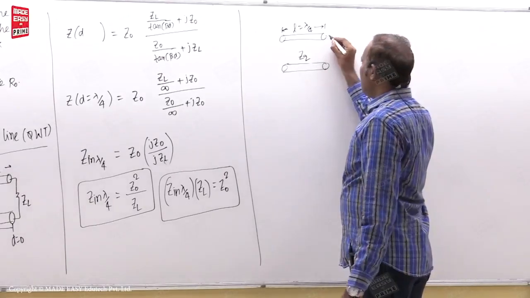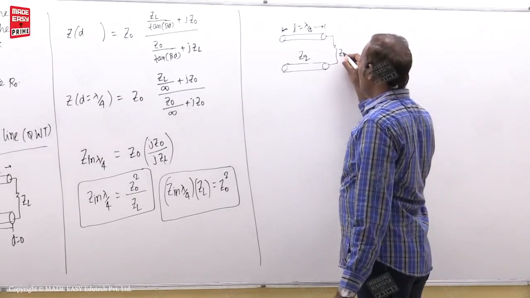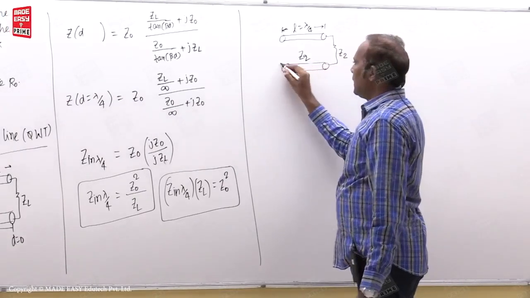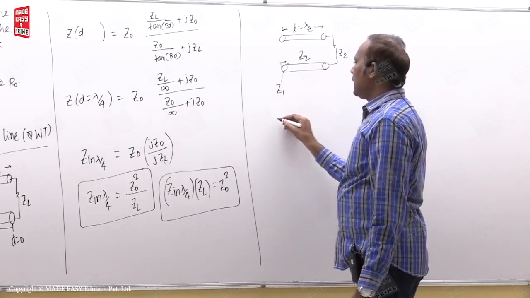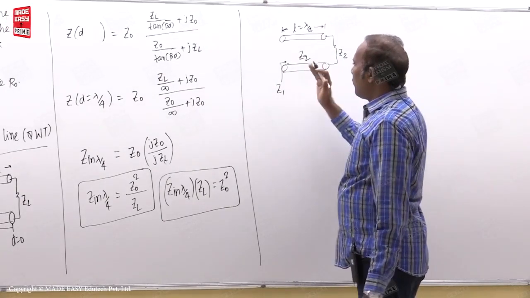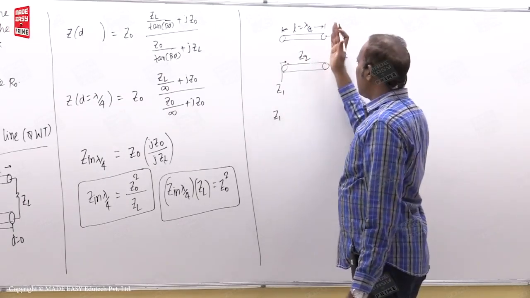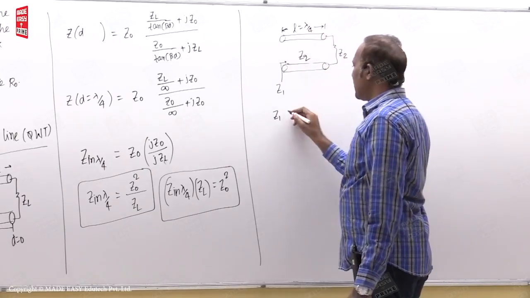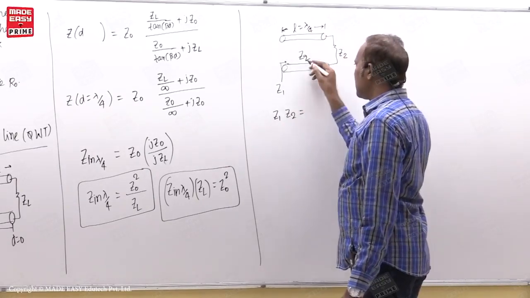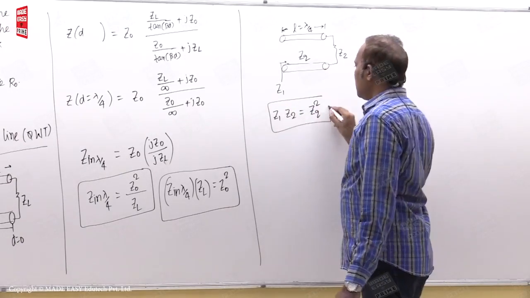So here let us take Z2 as the impedance present here, and Z1 as the impedance present here. For a lambda by 4 length transmission line, the input impedance is Z1 and at the output, after completing lambda by 4 length, the impedance is Z2, then Z1 times Z2 is equal to the characteristic impedance whole squared.